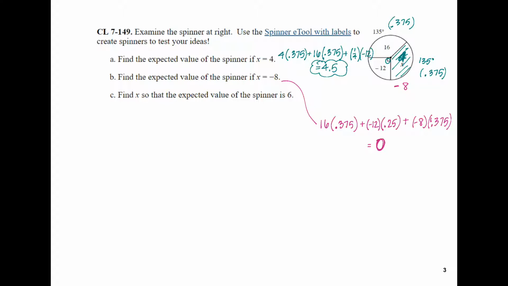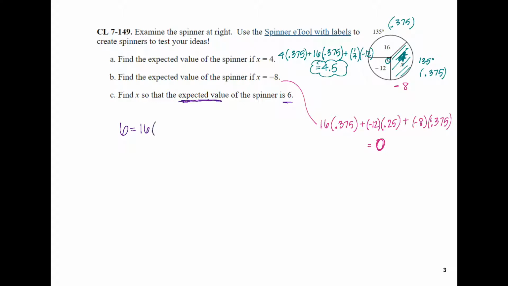Letter C says, find x so that the expected value of the spinner is 6. Looking at our spinner, this time they told us the expected value is 6, so that is our output essentially, and we need to solve for what x is.